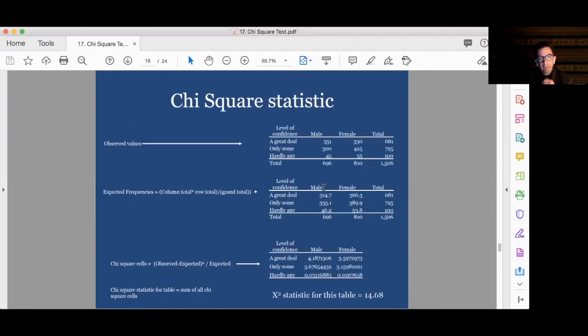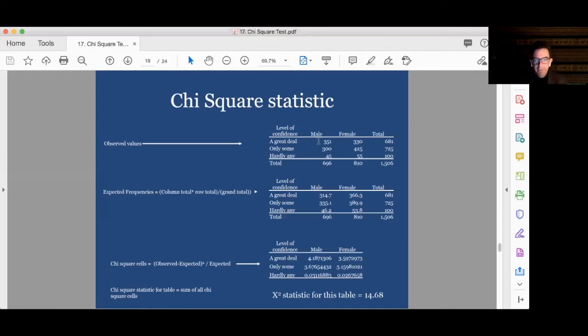This is the only involved math really for a chi-square test, because we need to calculate the chi-square statistic for each cell. And the chi-square statistic really is only a measure of how far our observed values are from what we would expect in a table where there is no relationship.